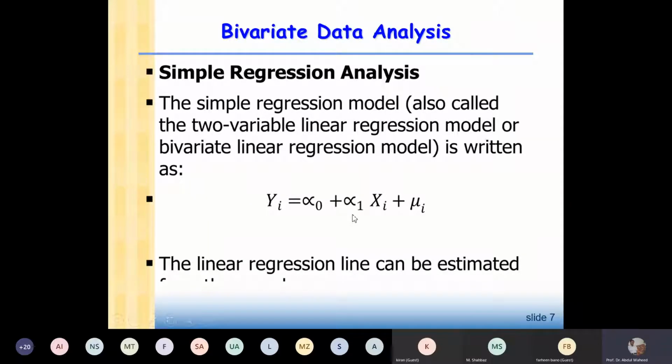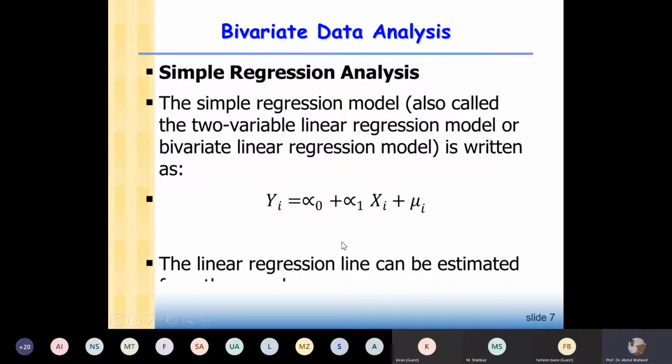So when we get the data for a sample, then we have the sample regression model. Through the sample, we want to estimate these parameters. So the sample parameter would be the estimator of these population parameters.